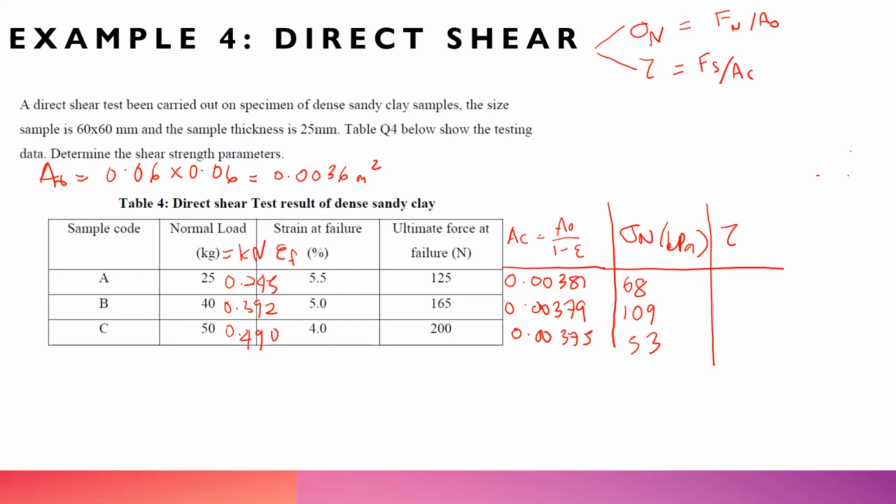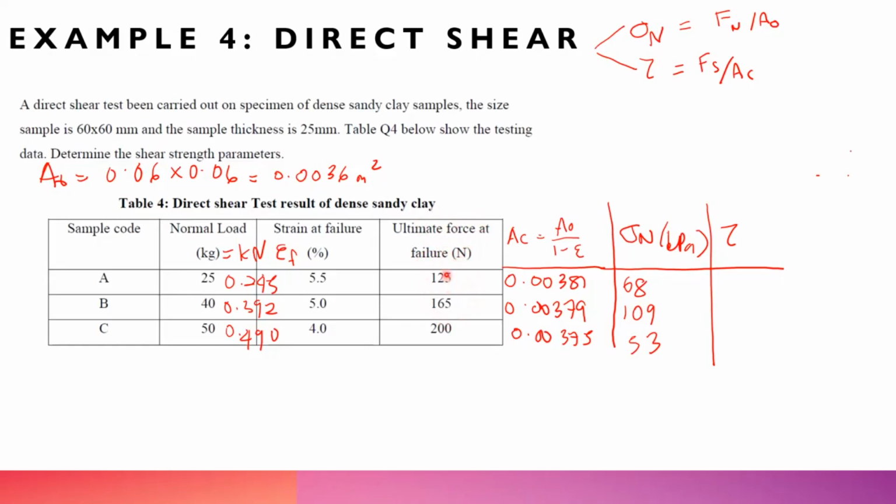For the shear stress, the ultimate force here, you have to divide by whatever change in cross-section area respectively. But since we want to make sure that the unit is consistent, kilonewton per meter square, and here it is in Newton, you need to convert to kilonewton first.